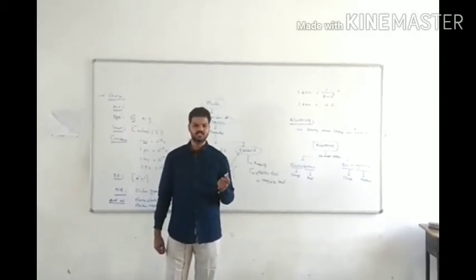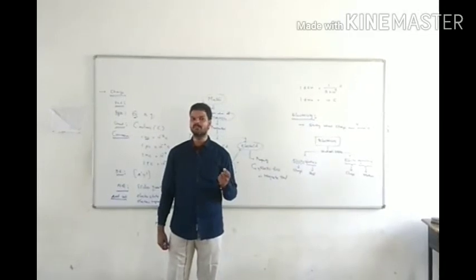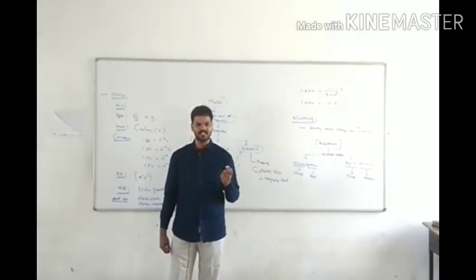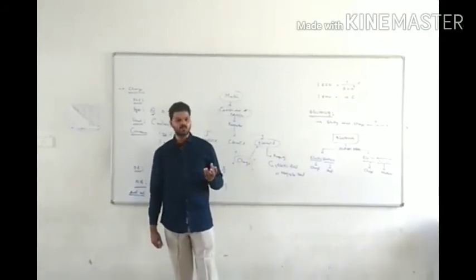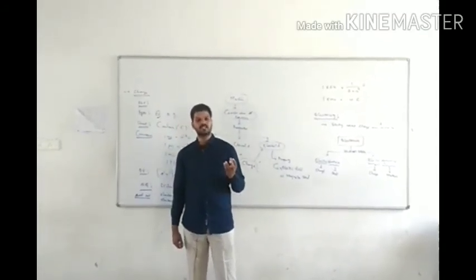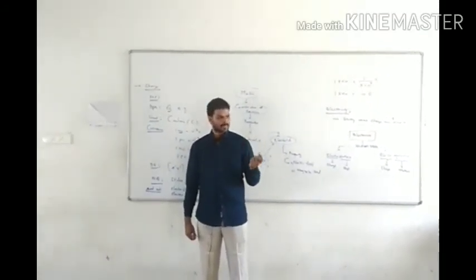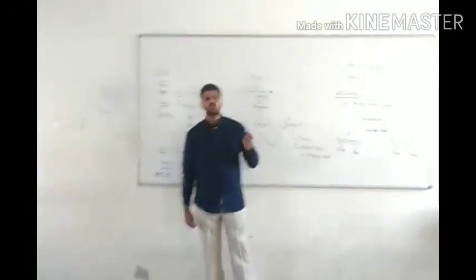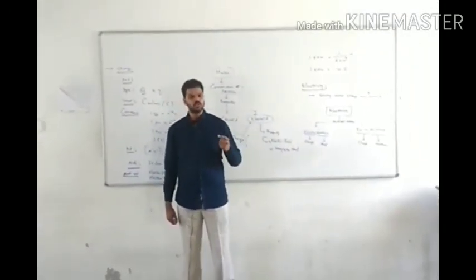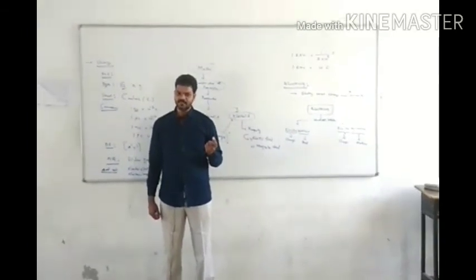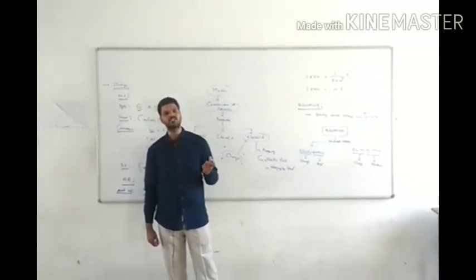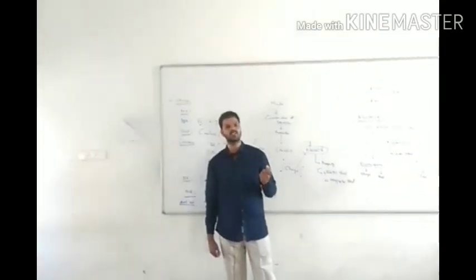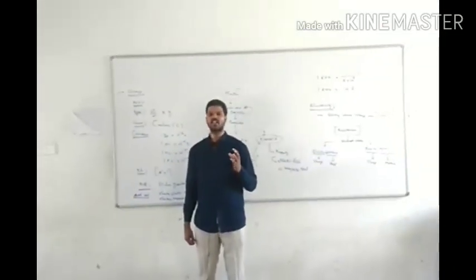Who first found the charge of the electron? It was Millikan, the name of the scientist. He did one very important experiment. He sent a charged particle through both electric and magnetic fields, and based on its motion he calculated the charge of the electron, 1.6 into 10 to the power of minus 19 coulomb.